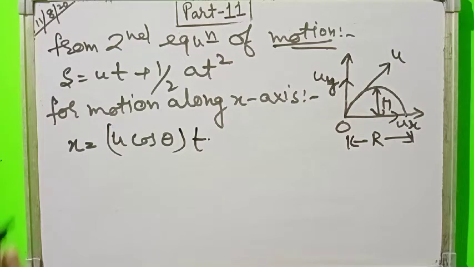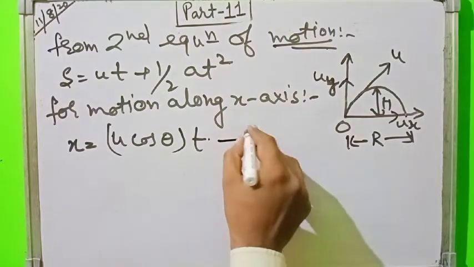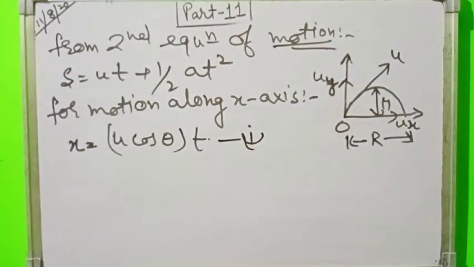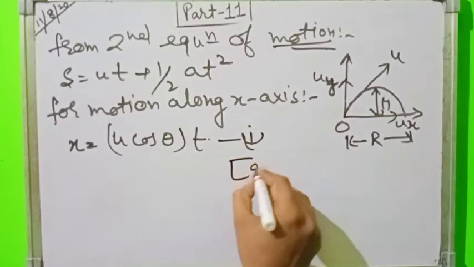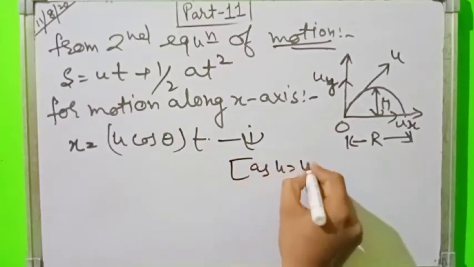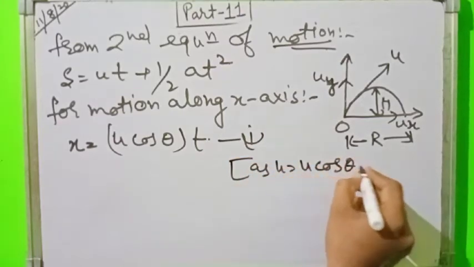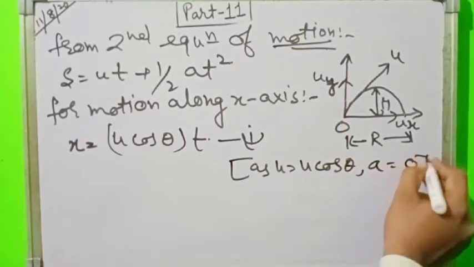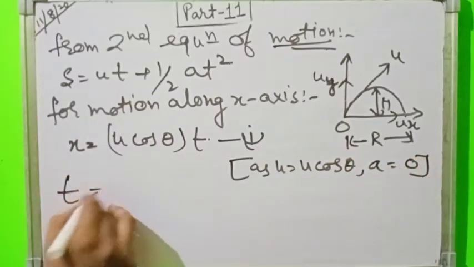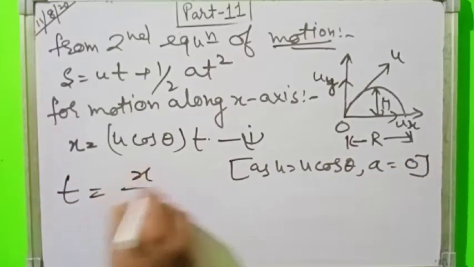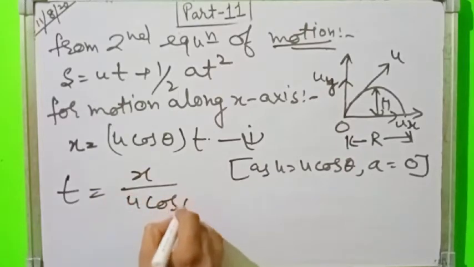As I had told earlier, the acceleration along the x-axis is 0, so as u is u cos theta and a is 0, we can calculate t is equal to x upon u cos theta.